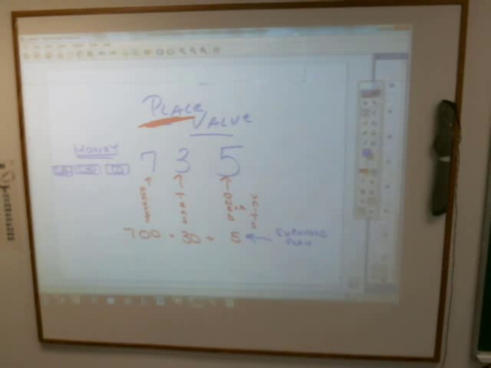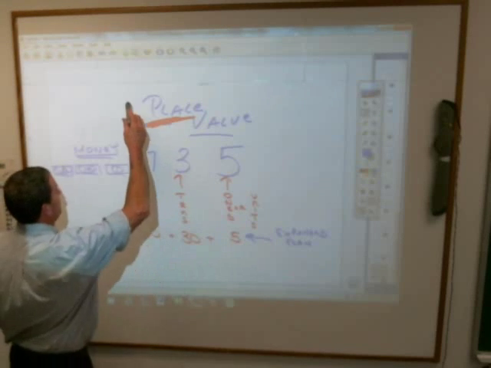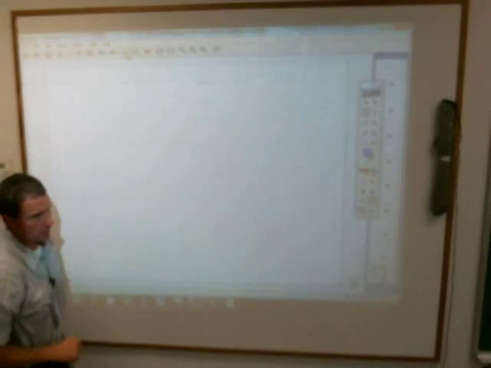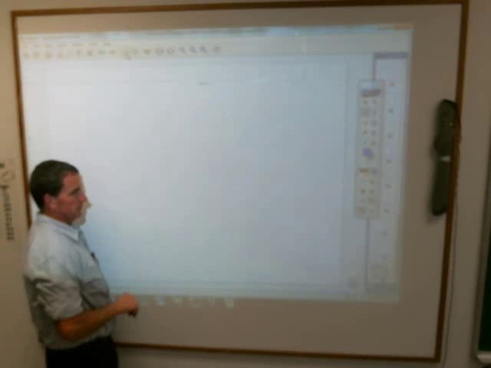Everybody on page 19? Do you see lesson practice letter C where it says, how much money is one $100 bill plus 10 $10 bills plus 15 $1 bills? How would you go about actually writing that on your paper? What is one $100 bill? Jacob?